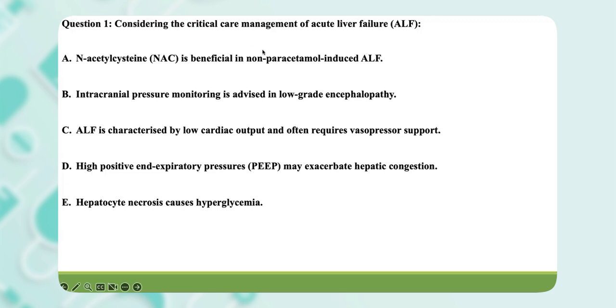Intracranial pressure monitoring is advisable for low-grade encephalopathy: no. ALF is characterized by low cardiac output, often requiring vasopressor support: yes. High positive end expiratory pressure may exacerbate hepatic congestion: yes. Hepatic necrosis causes hyperglycemia? No, it is false. Now let's see what the answer given here is, then we will go for a deeper discussion.